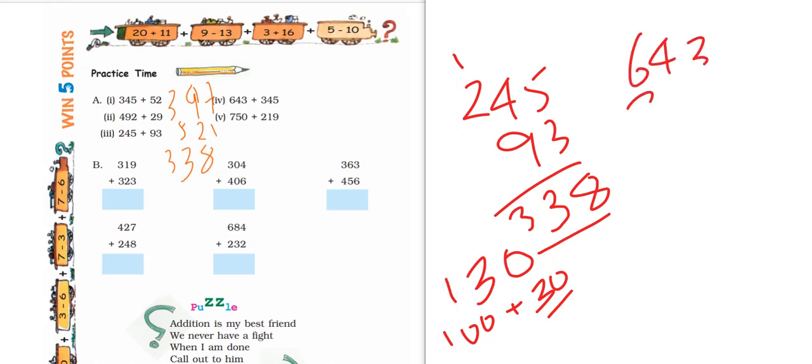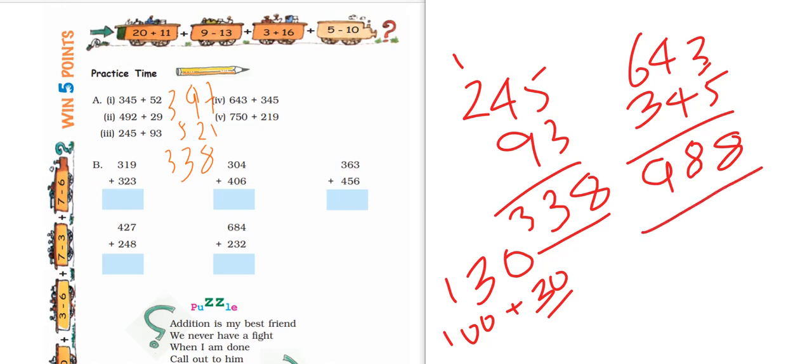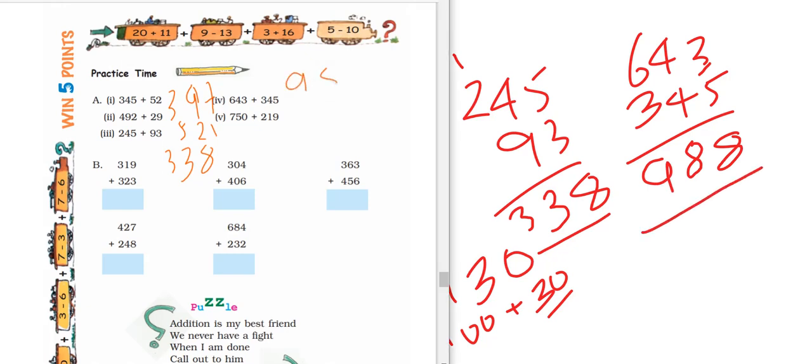Next, 643 and 345. Add the 3 ones and 5 ones to a total of 8 ones. 4 tens and 4 tens is a total of 8 tens. 600s and 300s is a total of 900s. So you get 988. Okay.